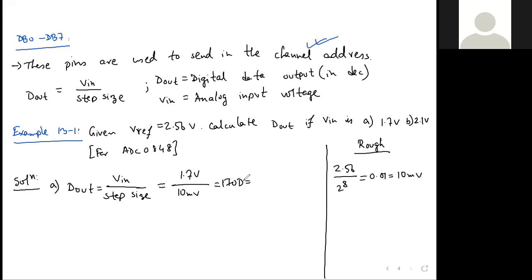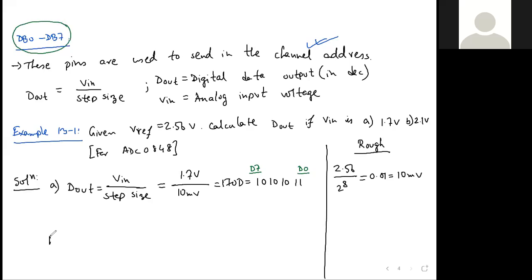If you convert that decimal number into binary, we get 10101011. What is important to see over here is this one will be sent out from D7 and this one will be sent out from D0. So these are the outputs that we send out using D0 to D7.